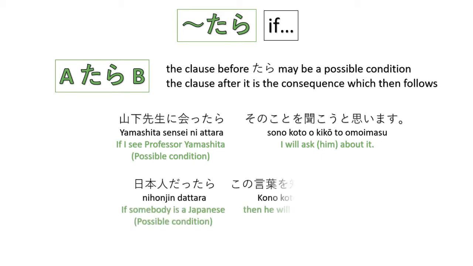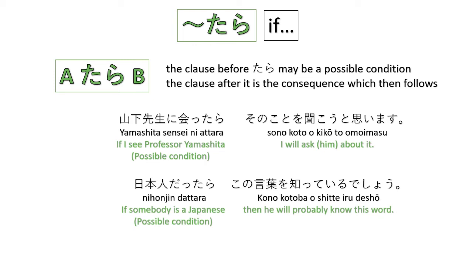Nihonjin dattara kono kotoba wo shitteiru deshou. If somebody is Japanese, then he will probably know this word. Okay? Again, a possible condition. If you don't see any Japanese, then he won't know this word. It may happen or it may not happen.